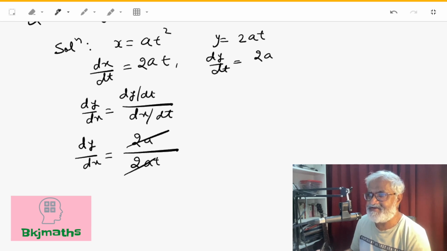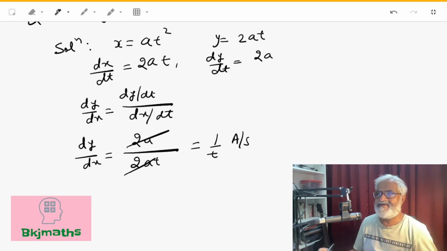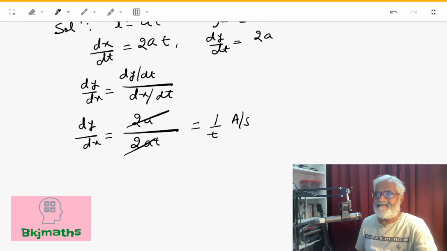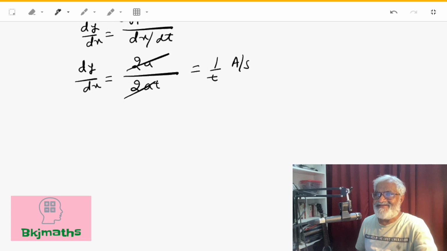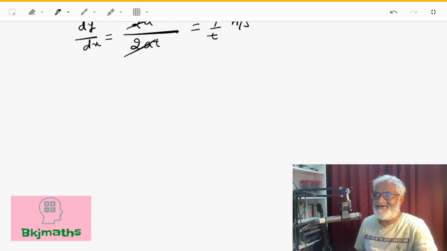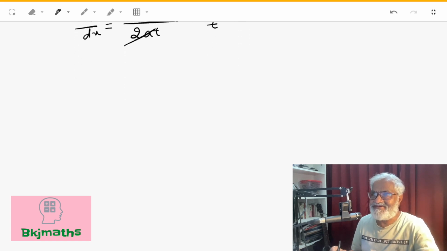So it equals 1 upon t, is the answer. So nothing is new. One should know the basic formulas.